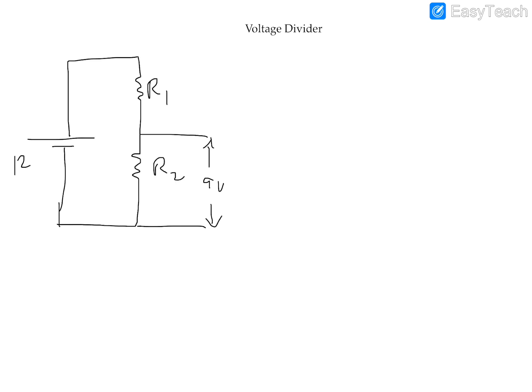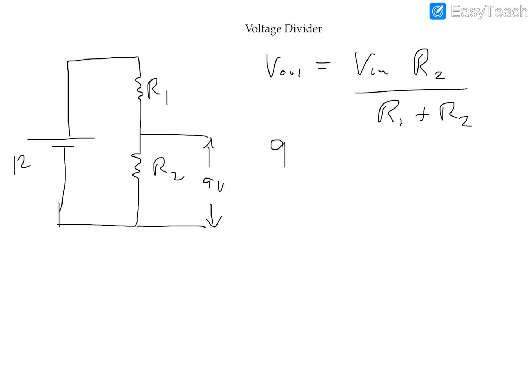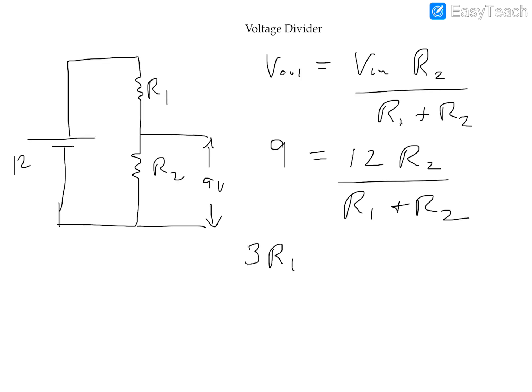According to the expression, Vout is equal to Vin times R2 divided by R1 plus R2. So 9 is 12 times R2 divided by R1 plus R2. If you solve this, you get 3 times R1 is equal to R2.